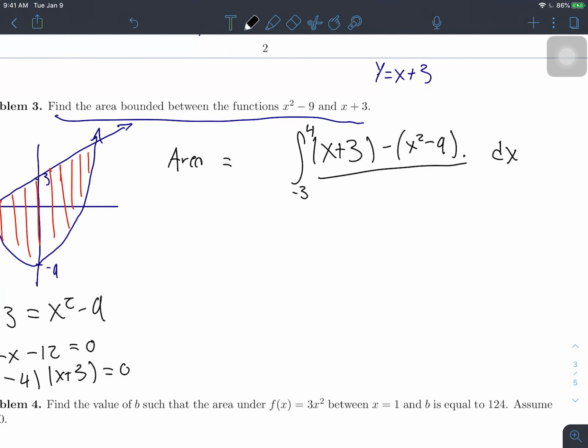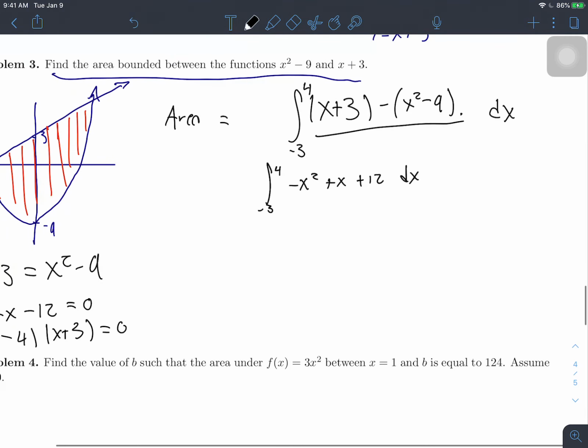So we'll just take the integral from negative 3 to 4. Let's clean it up a little bit before we go ahead. Negative x squared plus x, and then 3 minus negative 9 is plus 12 dx.